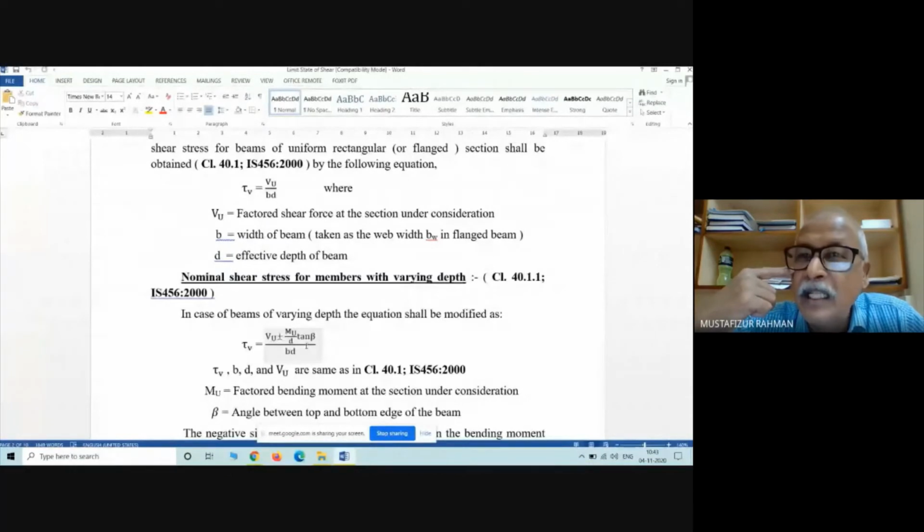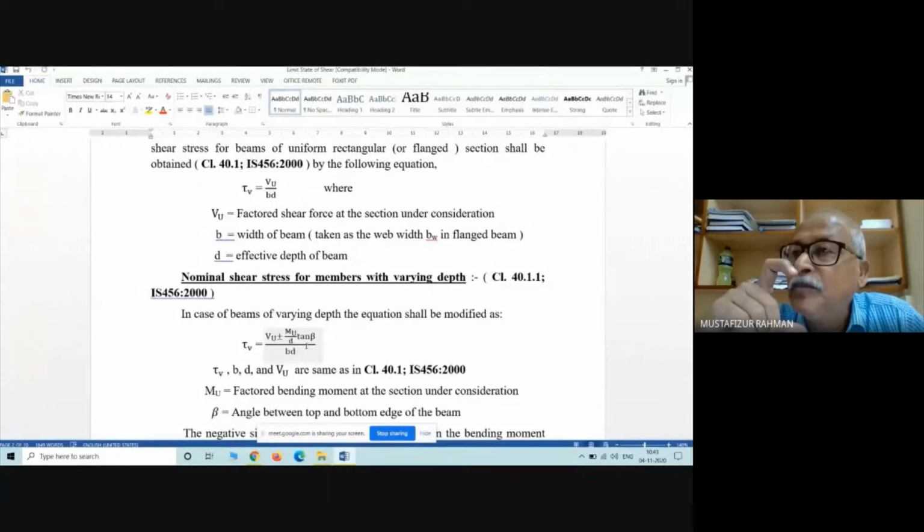If it is a flexural member without reinforcement, it will not be possible to restrain it, so there is reinforcement. Now this shear force, whatever is acting, has to be resisted by the cross section, the concrete and steel.